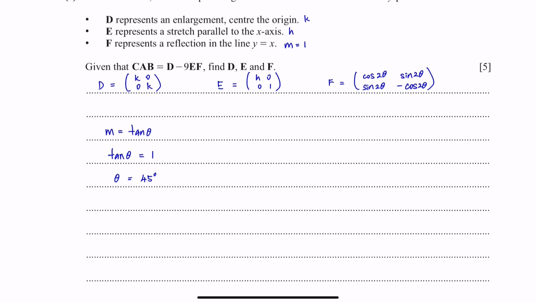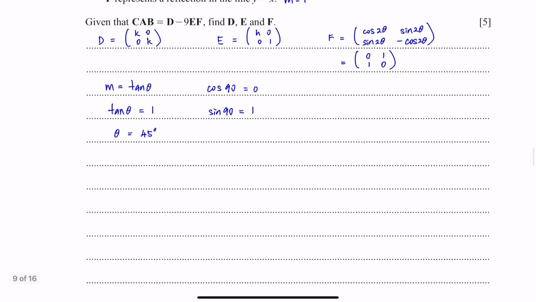So cos 90 is equal to 0, and sin 90 is equal to 1. So F can also be written as 0, 1, 1, 0. So now we write it in this form.